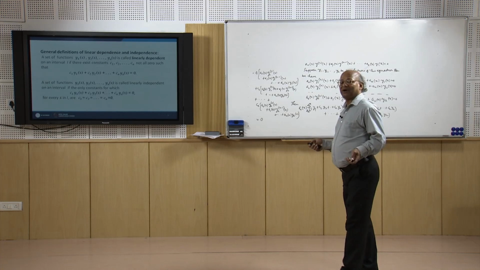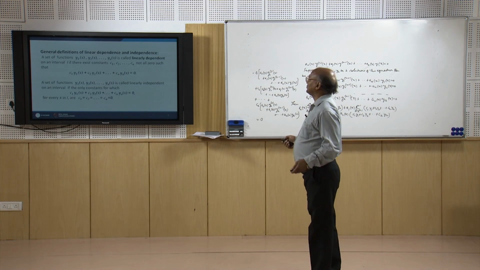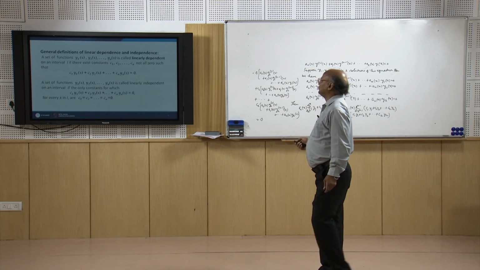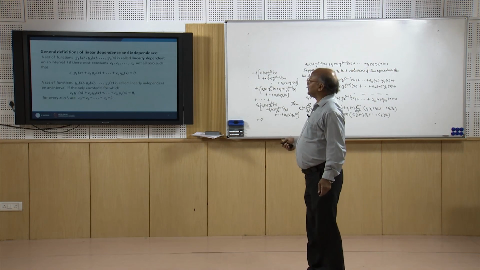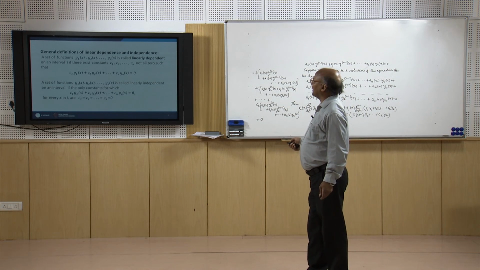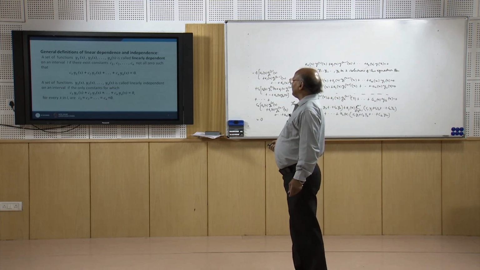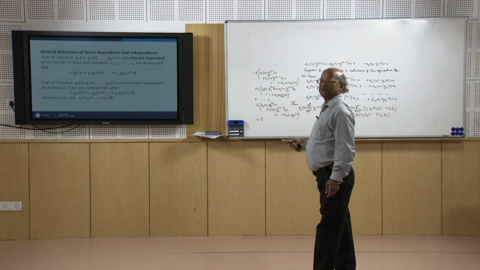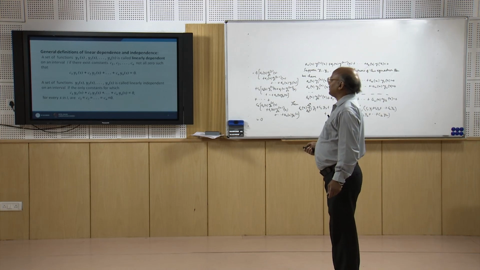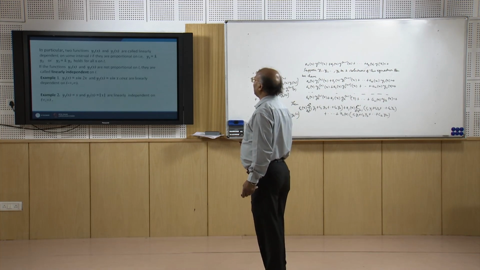That means we cannot find any set of n constants c1, c2, ..., cn not all 0 such that c1φ1 + c2φ2 + ... + cnφn equals 0. In other words, the n functions φ1, φ2, ..., φn will be called linearly independent if whenever c1φ1 + c2φ2 + ... + cnφn is 0, it always implies that c1, c2, ..., cn all are zeros.